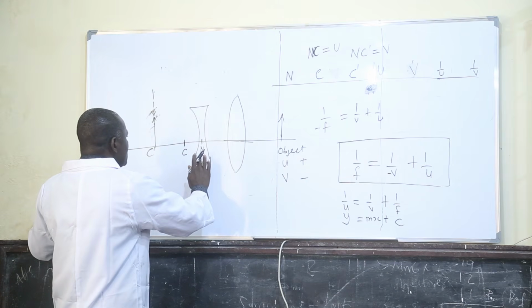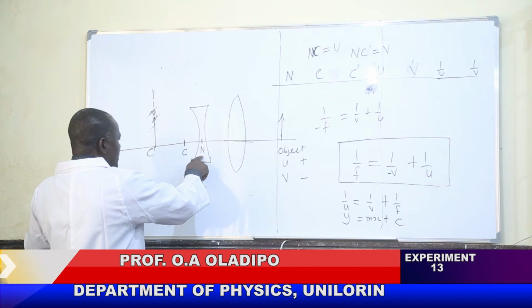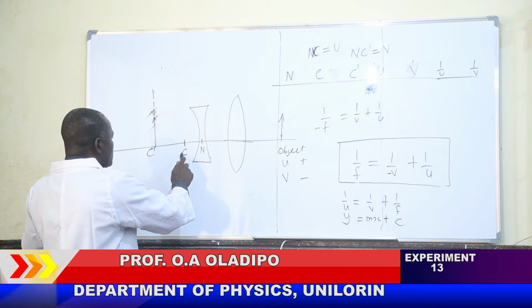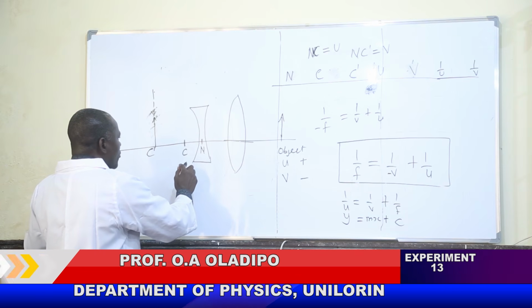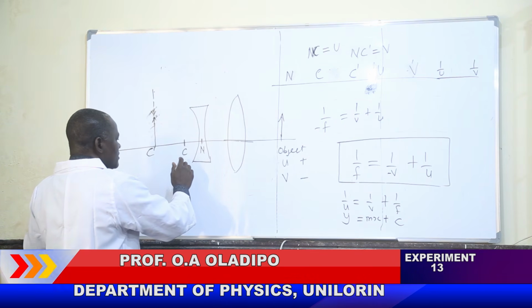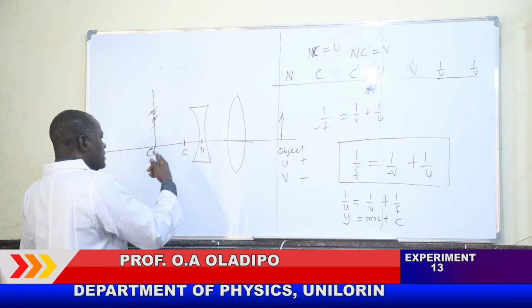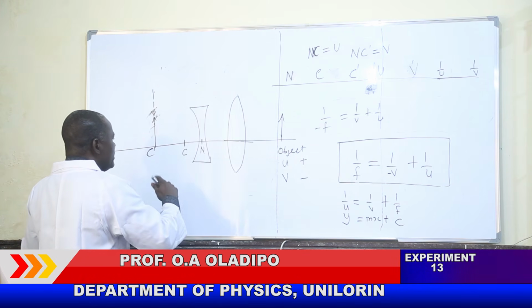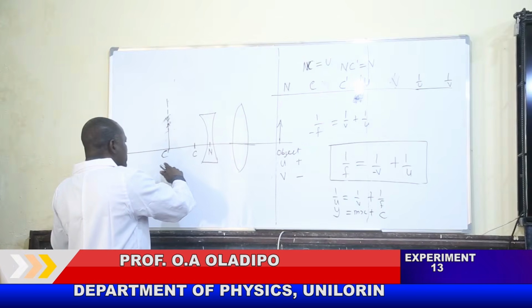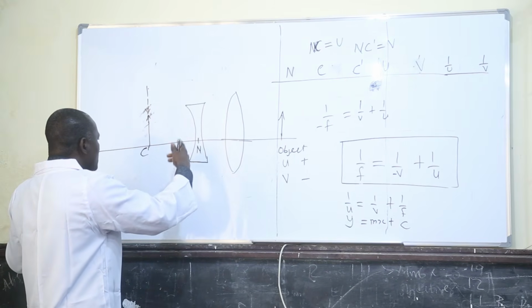Now this is still N. Then I need to measure what I now call the object distance, that is U, and then the image distance, that is V. So object distance is CN, image distance is C prime N, or NC prime.